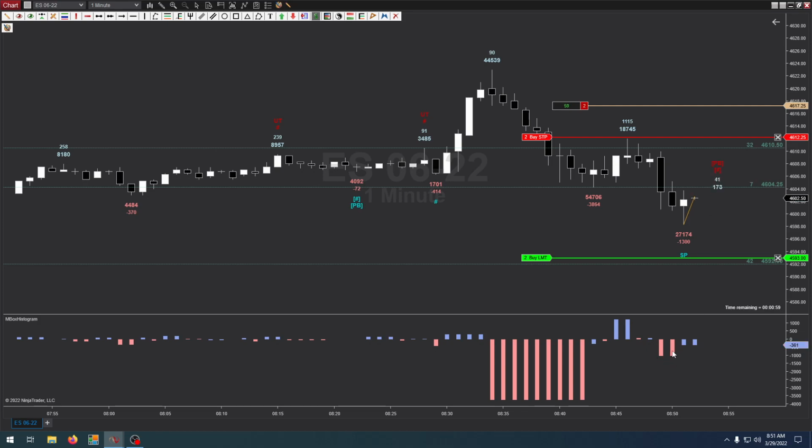Still not getting any supply here though, not much. Trend pullback short, trend stooges short right here. We do have a spring right here. And these two candles here, the blue bars from the histogram, are below the zero line, which means there is more selling going on, even though price is trying to move up.